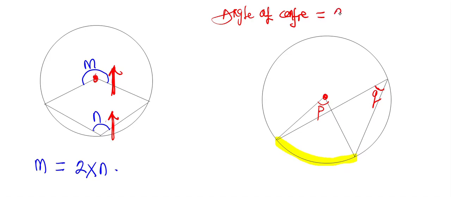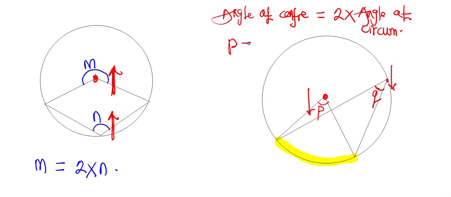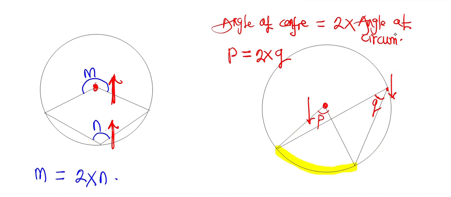Circumference is the one that touches the body of the circle. So angle at center, that's P, equals 2 times the one at circumference. So P equals 2 times Q. Let us move to theorem 4. Theorem 4: angle in a semicircle is a right angle.